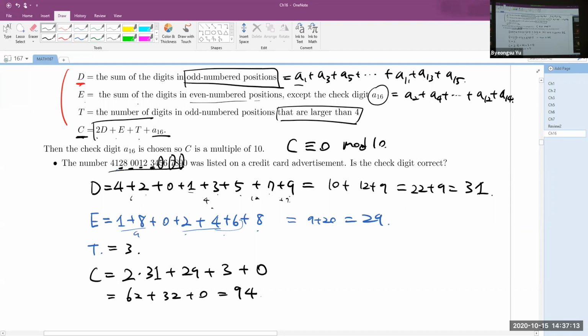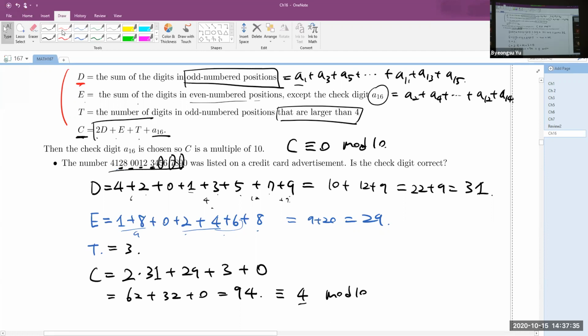So what you can get is 94. But in this case, 94 is 4 more than a multiple of 10, because 94 is just 90 plus 4 and 90 is a multiple of 10, so you can just disregard it to get the remainder. The only remainder is just 4.